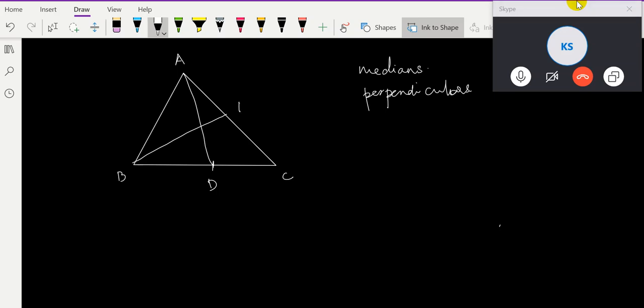Similarly, if E is my midpoint of AC, this is another median, and this would be my third one. So the point that is the intersection of all of them is called the centroid.